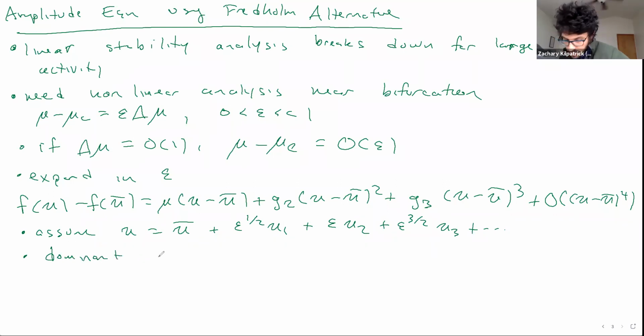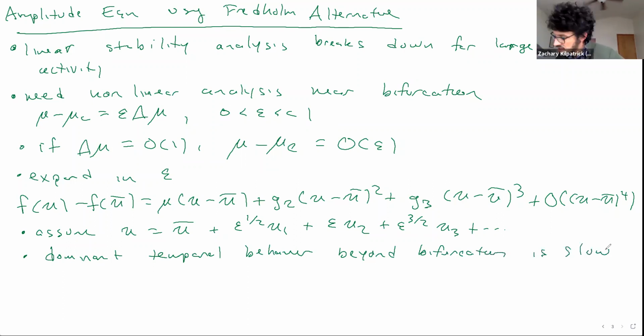Okay. Now the dominant temporal behavior beyond the bifurcation is, as we might expect, slow growth of the excited mode. And in our particular example, we know that that's the mode associated with W1, right?